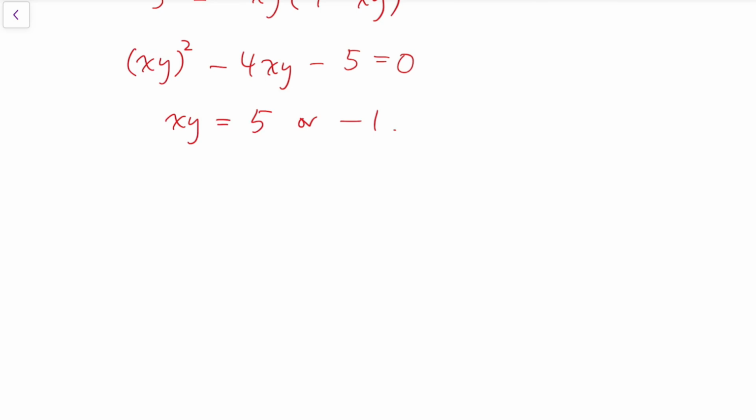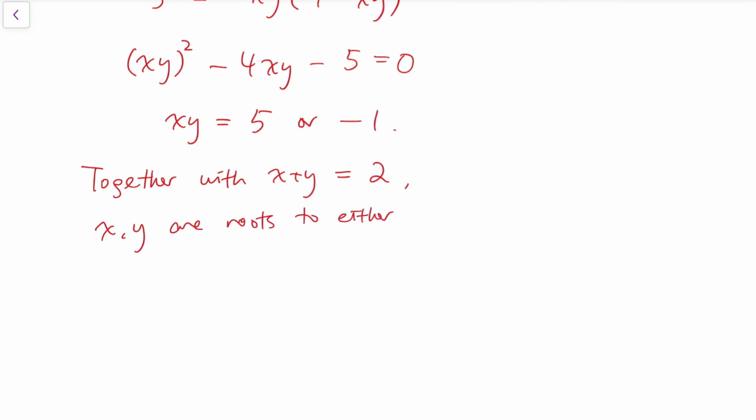But we can put that together with x plus y equal to 2. We can solve for some quadratic. x and y are then roots to either z squared minus 2z plus 5 equals 0, or z squared minus 2z minus 1 equals 0.